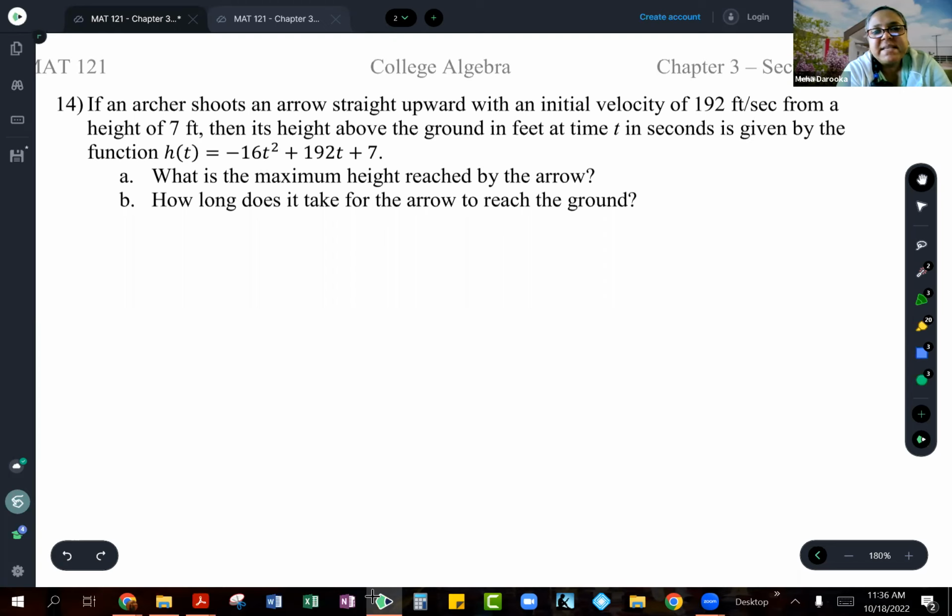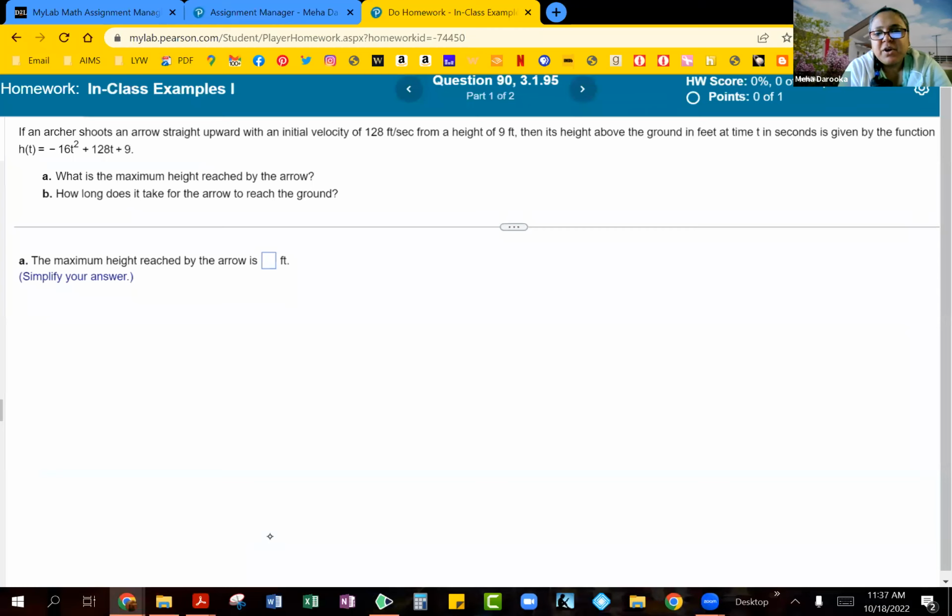So obviously you can see from this equation, we do have a quadratic equation here, right? Because you have your t to the second power. So the t represents the time and the h represents the height. So that's kind of how this general equation is set up. So we're just looking at different numbers over here.